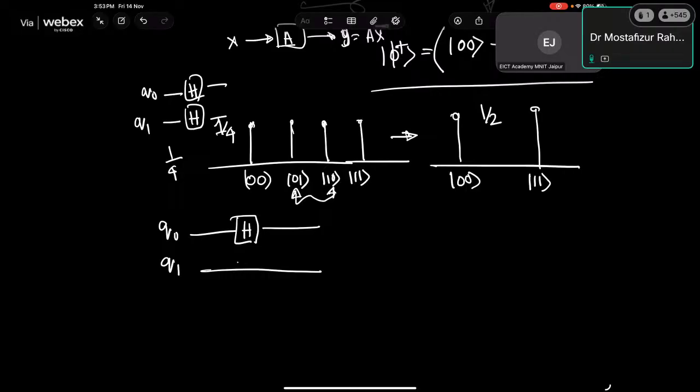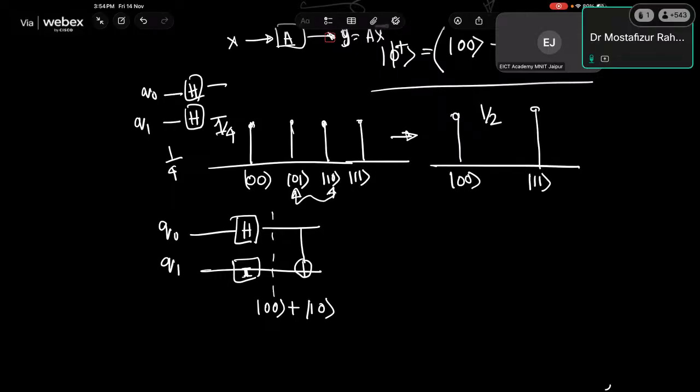So basically, doing nothing means there is an identity matrix, right? Now we apply the CNOT here. What is the state I created here? The state I created here is 00 plus 01 plus 10. I created these states with a little bit of tensor product.